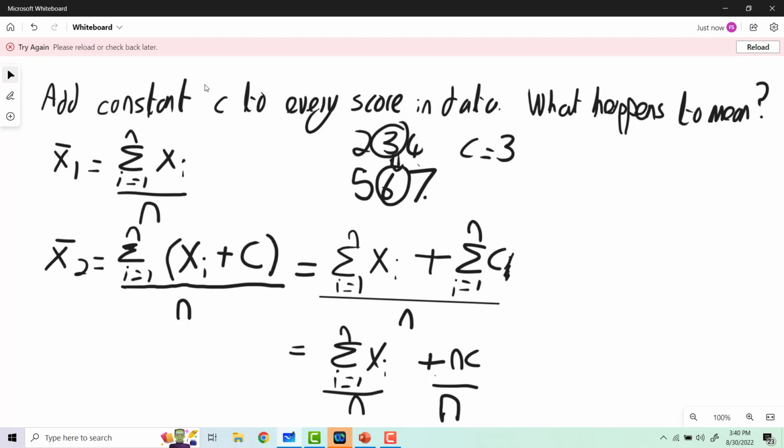And that's going to be equal to, the first half is equal to x bar, or x bar 1, because of our definition before. And the second half, n times c over n, is just equal to c. So the answer is we add c to them. If we add a constant c to every data value, we add c to the mean.